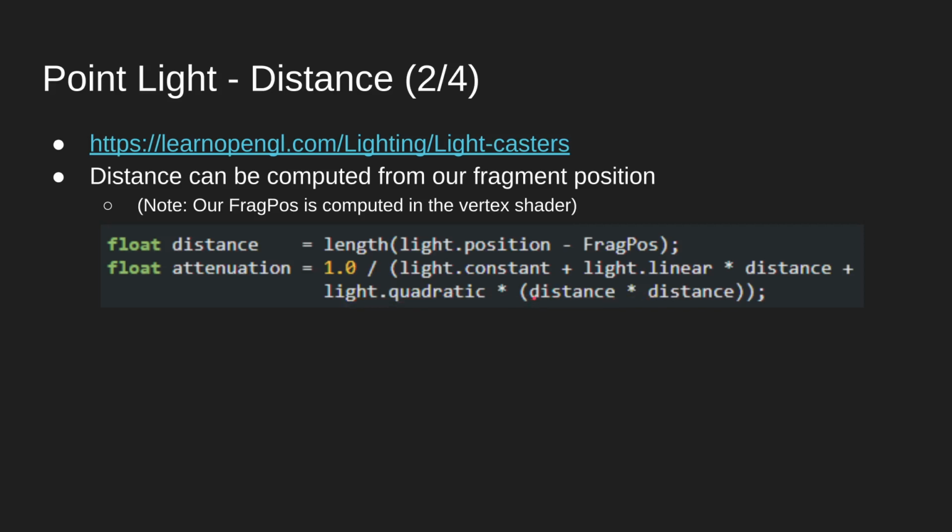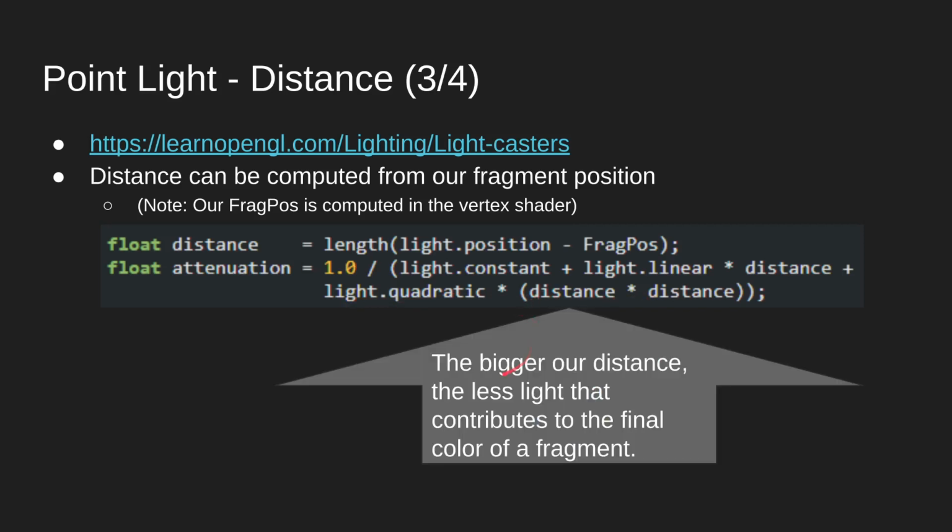Okay, so again, the bigger our distance, or the further away our point light is from our actual vertex, which is where our fragment position is, the less light contributes to that final color. That's why we're dividing 1 by some number. So again, if the second part of the equation is very big, then we should light our objects up much less than if this is very close.